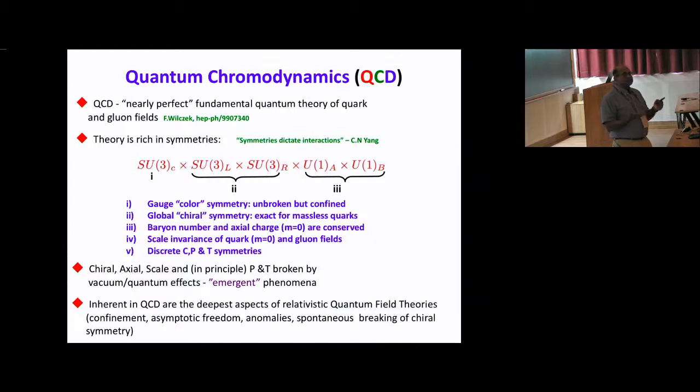There are bounds on explicit CP breaking terms in the QCD Lagrangian, with this theta term being less than 10 to the minus 9. However, there are vacuum effects in the theory which can lead to metastable states that break CP. Okay? And if I get a chance, I'll talk about this in my last lecture.